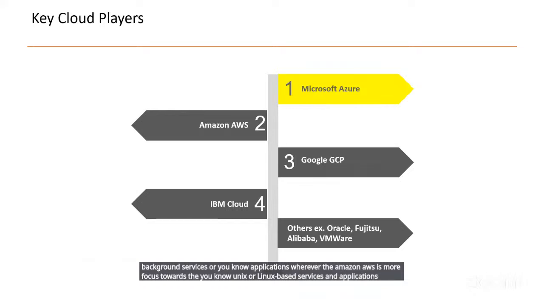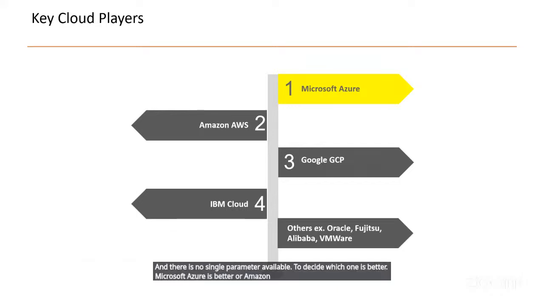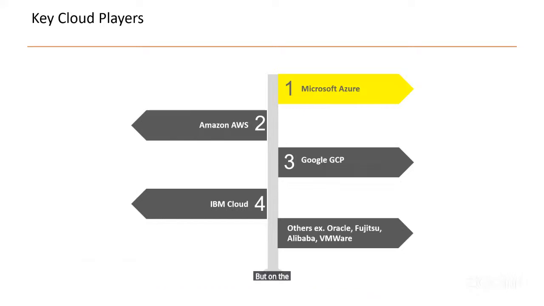So guys, first, we are not a judge, and there is no single parameter available to decide which one is better, Microsoft Azure or Amazon AWS. But on the basis of certain metrics or parameters, you can analyze that maybe for your business one is better or the second one is better.